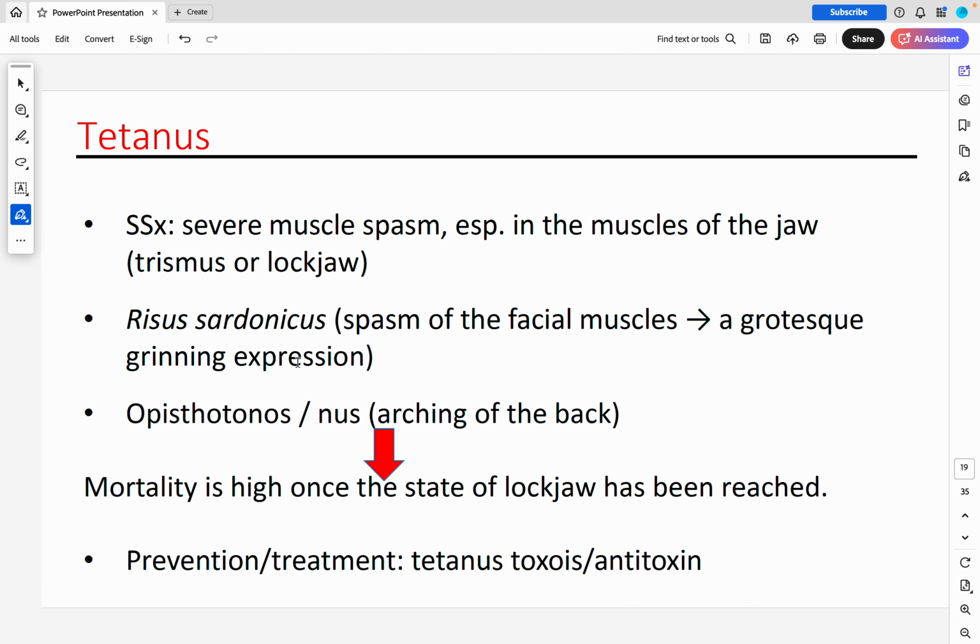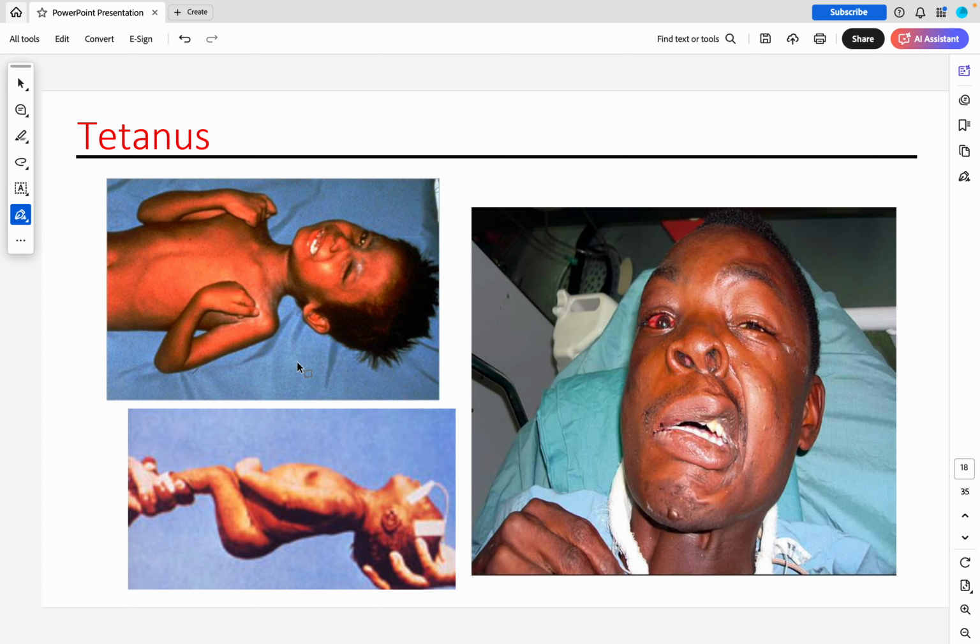Let's take a look at symptoms. There is severe muscle spasm, especially in the muscles of the jaw. There's also spasm of facial muscles, also called risus sardonicus. So you can see the grinning expression as shown in this visual.